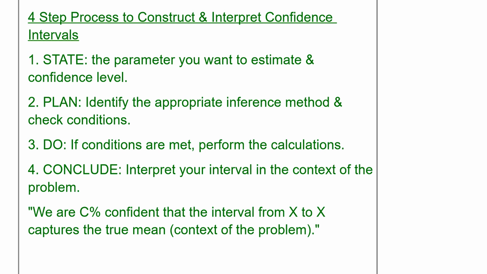And last but not least, you always do the conclusion. You're interpreting your interval in the context of the problem, going back to the sentence stem that we've always used, just substituting in the confidence percentage, the lower bound and upper bound of the interval, saying how it's capturing the true mean, and then always in the context of your problem.